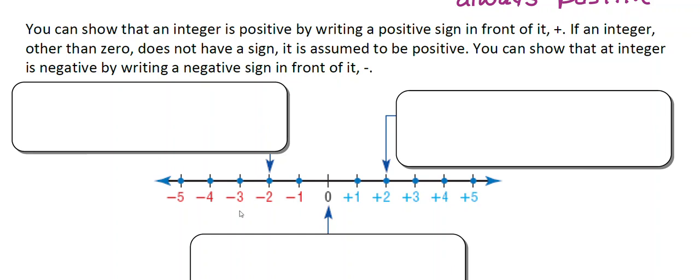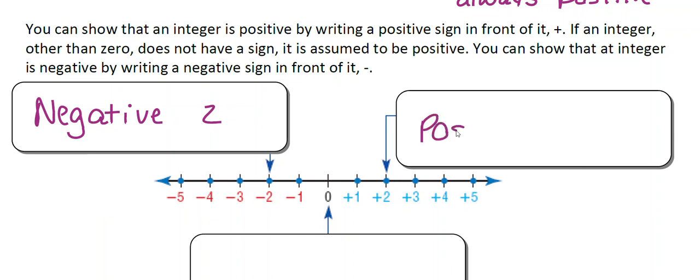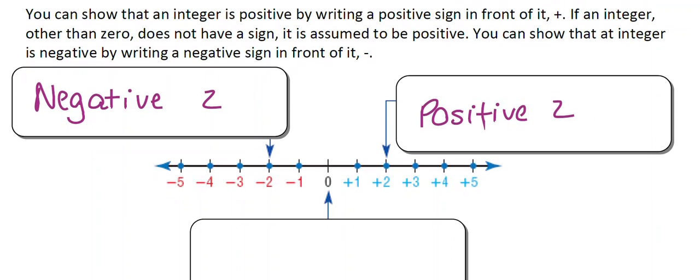So if I look at this little graphic, this arrow is pointing to this negative, and I want you to actually write the word negative 2. And then this one here is pointing to this positive 2. And then the number in the middle, that's going to be 0.